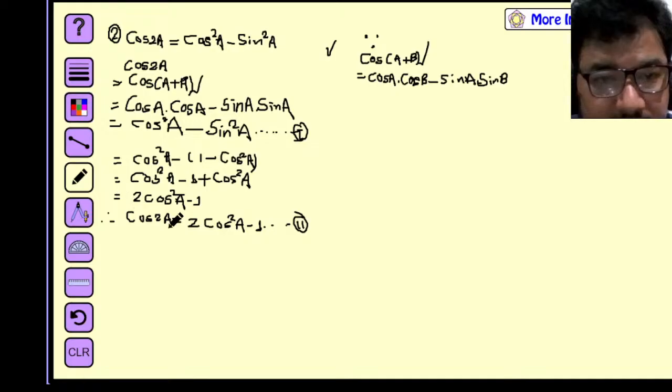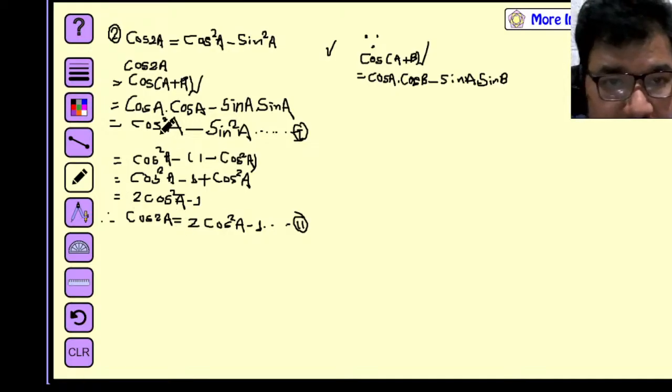Now look children, this first one we can convert in terms of sine also. For that, I'm bringing this next relation from the first one.